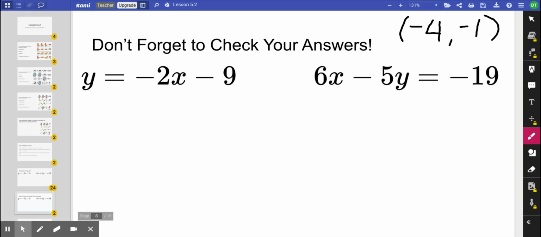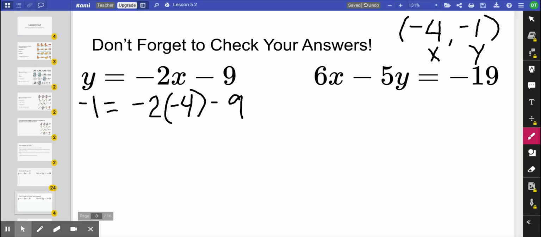So we should substitute the negative 4 in for x and the negative 1 in for y. And we should have a true statement in each of these equations. So y equals negative 2x minus 9. I put negative 1 in for the y and negative 4 in for the x.